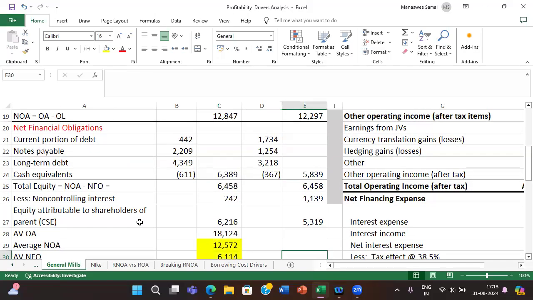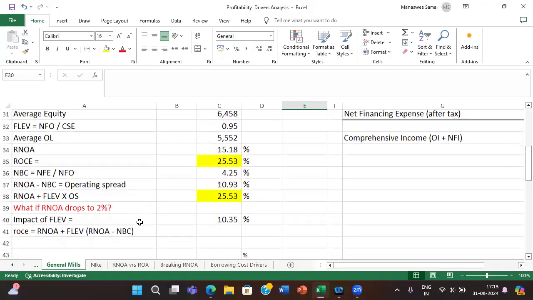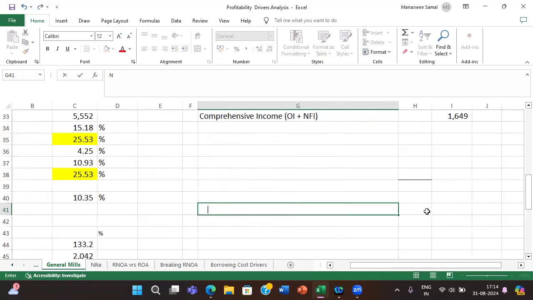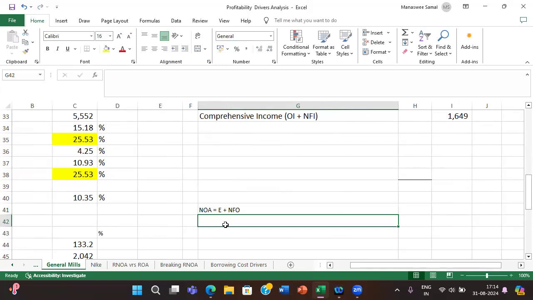Since this is a balance sheet where you have NFO, the balance sheet equation will obviously be, I'll use this space to type it out, NOA is equal to equity plus NFO. Therefore, if you want to connect equity, it should logically be NOA minus NFO.